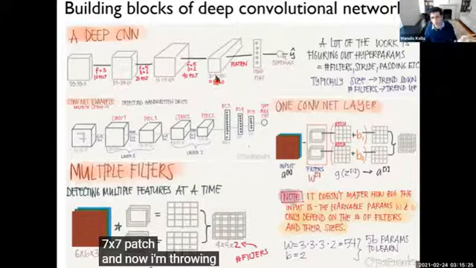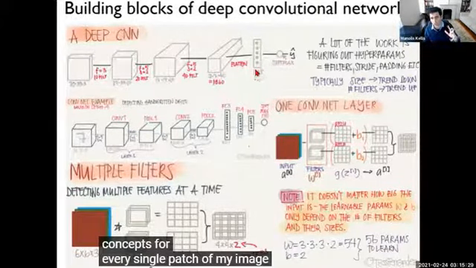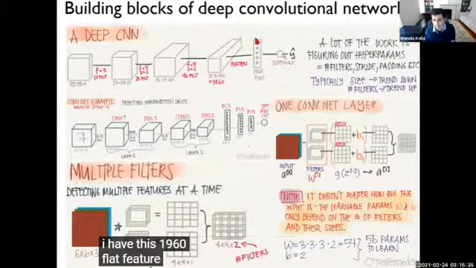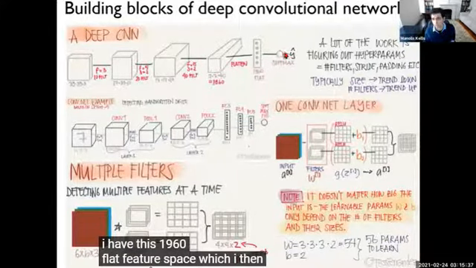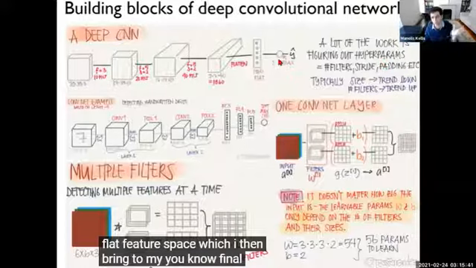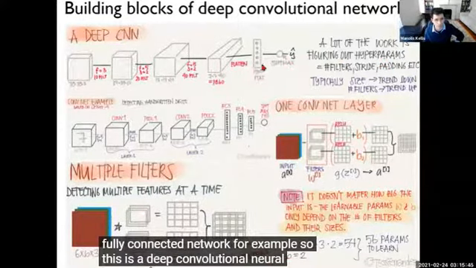And now I'm throwing all of these 40 concepts for every single patch of my image, and I have this 1960 flat feature space, which I then bring to my final fully connected network, for example. So this is a deep convolutional neural network.